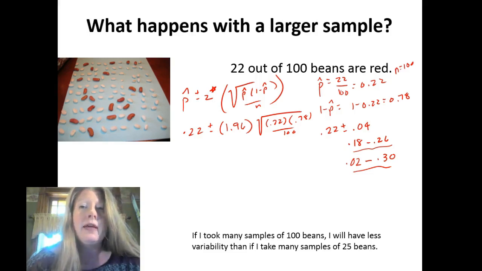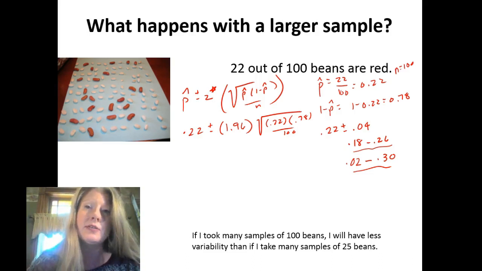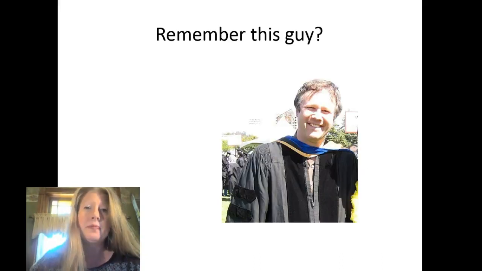And so if each of the sample statistics is getting closer and closer to what's actually going on in the population, and we looked at all of the sample statistics in a sampling distribution, we'd expect that distribution to have less variability than a distribution based on smaller samples, based on samples of size 25, for example.